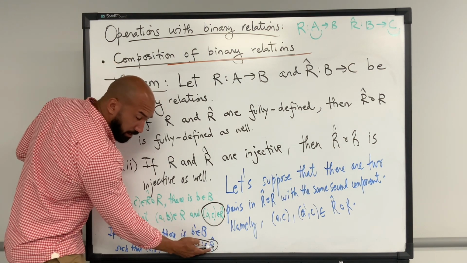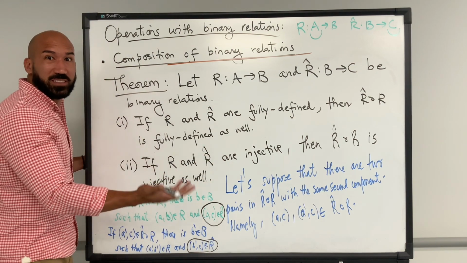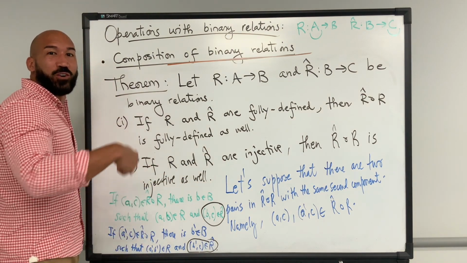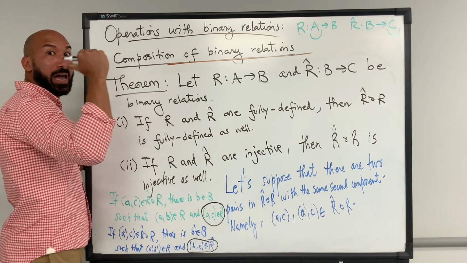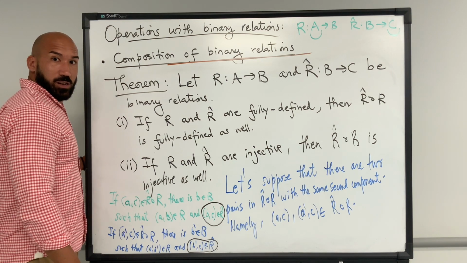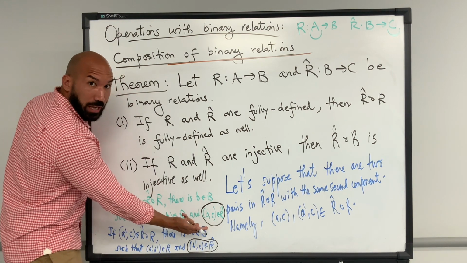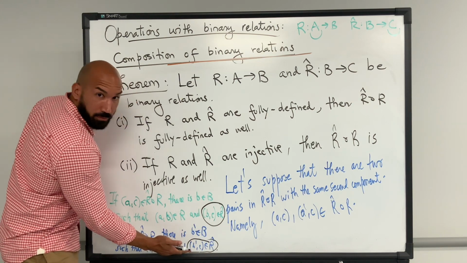But R hat is injective, which means that we don't repeat second components. So for every element in C, there is at most one element in B that is related to that C. But here we have two, B and B prime.